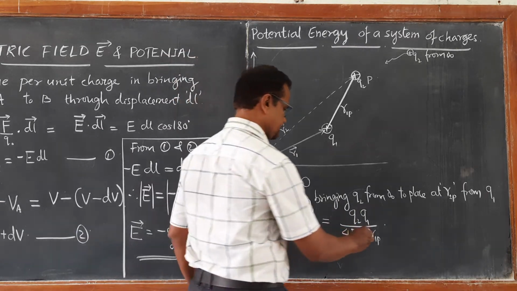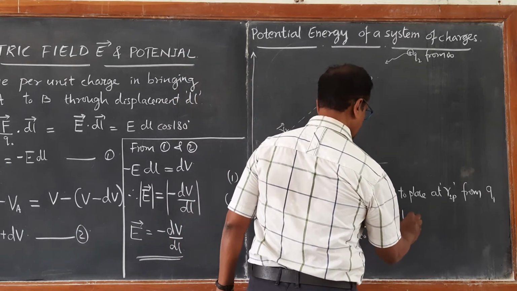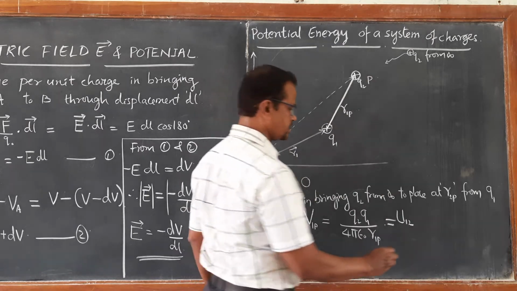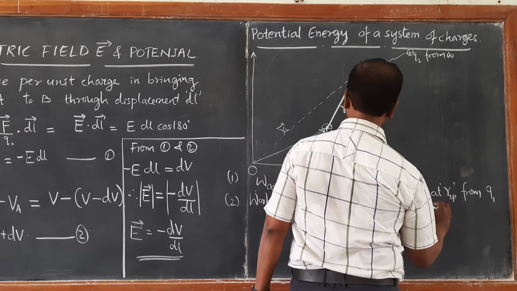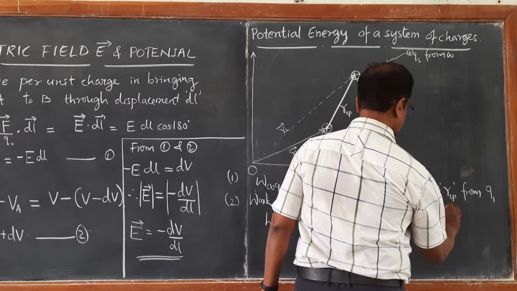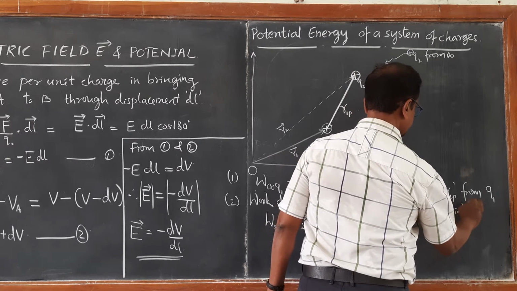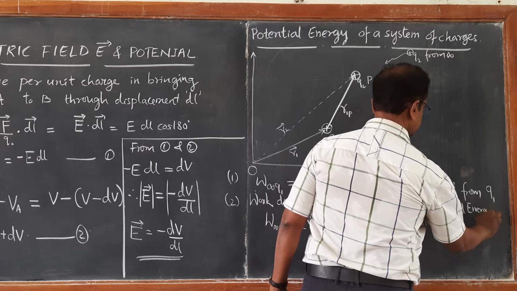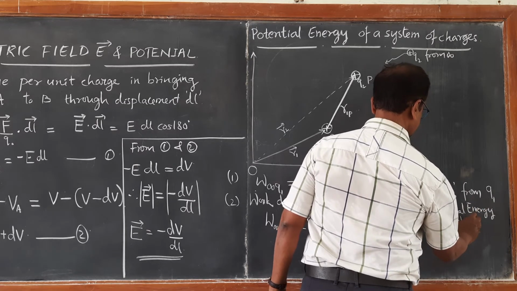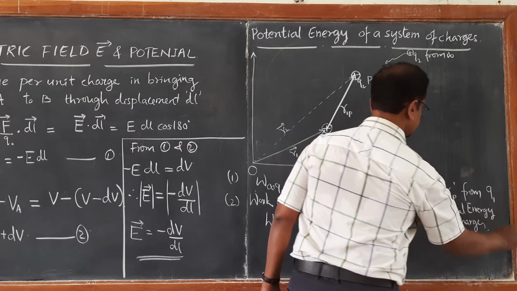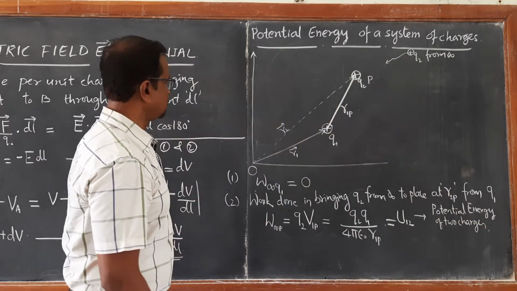So I am writing this as U12, the electrostatic potential energy of two charges, right.